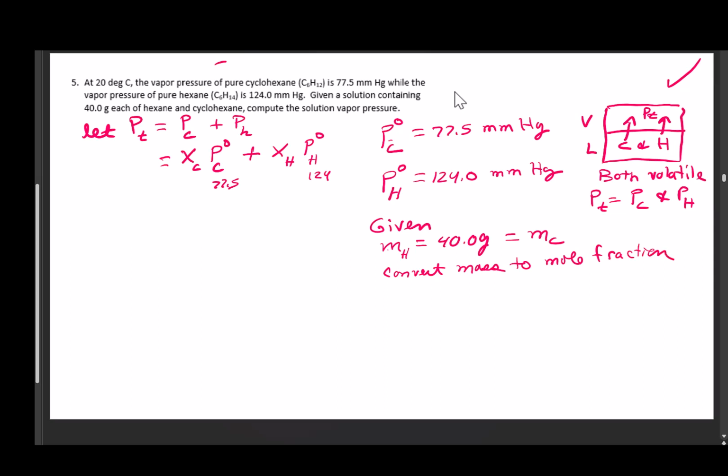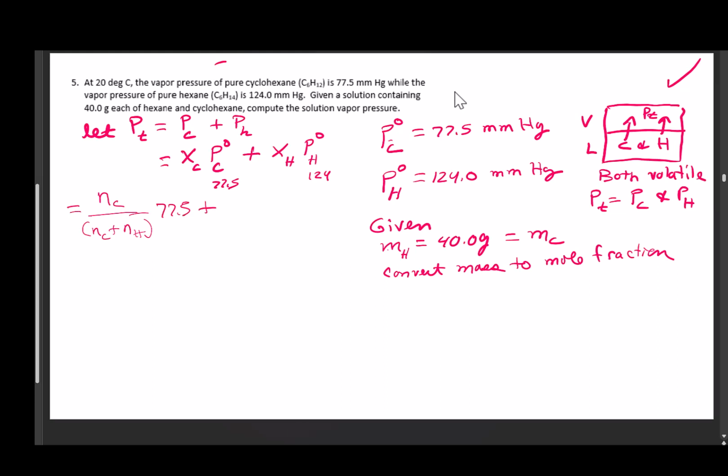So, how can we do that? Well, we could actually rewrite these equations. Now, you don't need to go through this much detail. Using the definitions of moles here for mole fraction, the mole fraction of cyclohexane would be the number of moles of cyclohexane, where N is our symbol for moles, over the total number of moles, cyclohexane plus hexane, times that pressure of pure cyclohexane, 77.5.